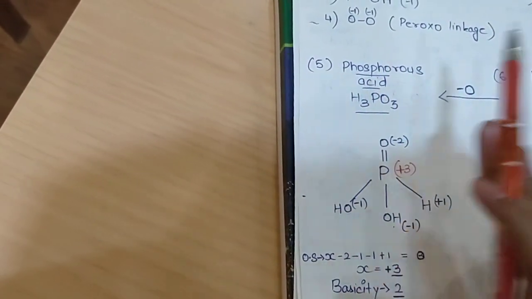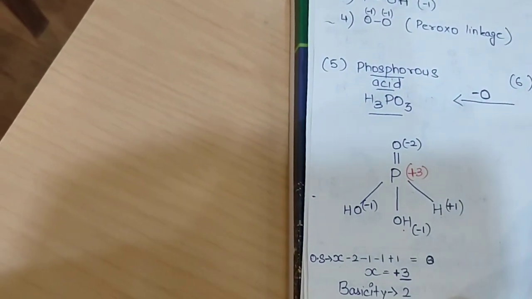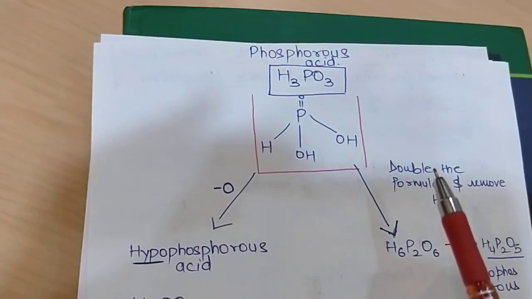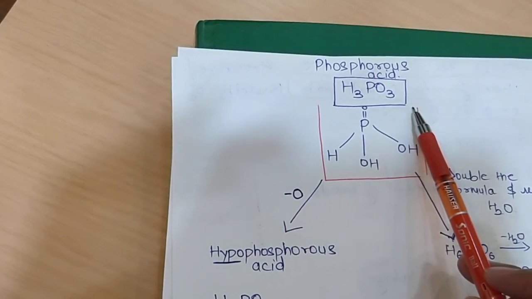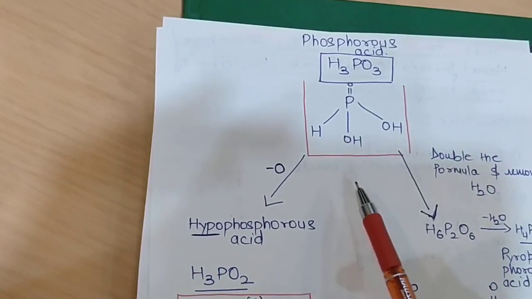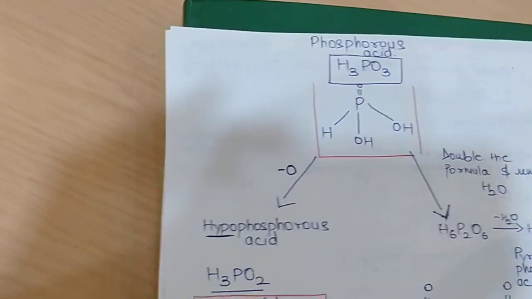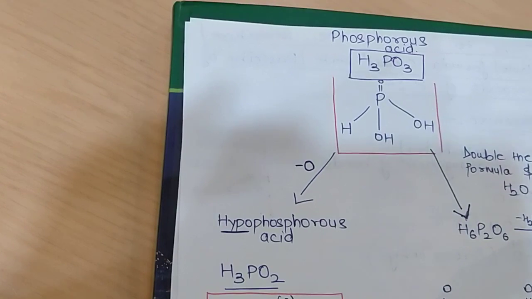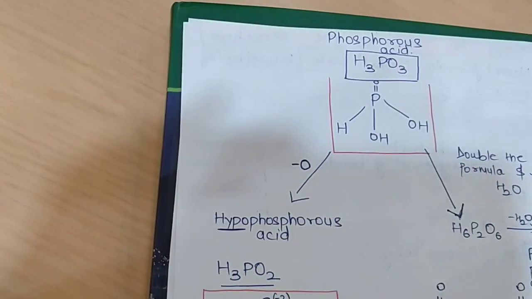So if we remember the structure of both these acids, we can generate all other acids from these two acids. Let us see how it happens. We'll start with phosphorus acid, that is H3PO3. If we remove oxygen from any acid, we introduce the prefix hypo in front of the name of that particular acid.